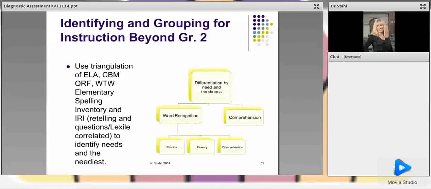Certainly, you'll be starting with your ELA as a screen, as a red alert that this child needs some help. You'll then go to your CBM oral reading fluency. You'll use your Words Their Way elementary spelling inventory and some kind of informal reading inventory that includes retelling and questions.